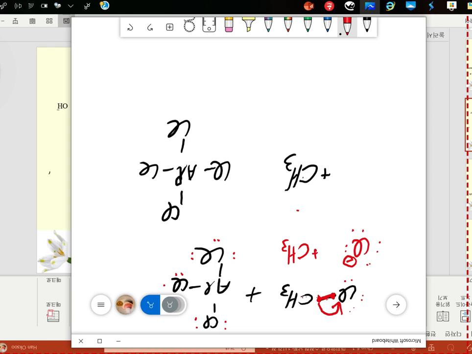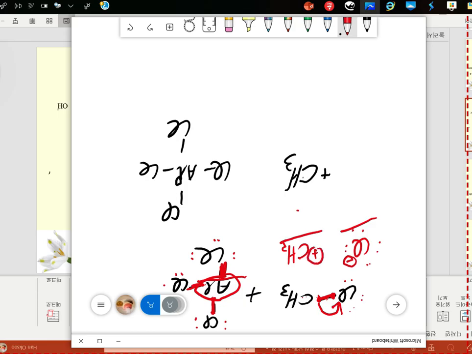And we know the aluminum has only three electrons here, and if you count all the electrons around the aluminum, there will be only six. Therefore, aluminum is short of electrons. It will be an electron acceptor. Therefore, aluminum is the electrophile, and in this case, the chloride is the nucleophile.